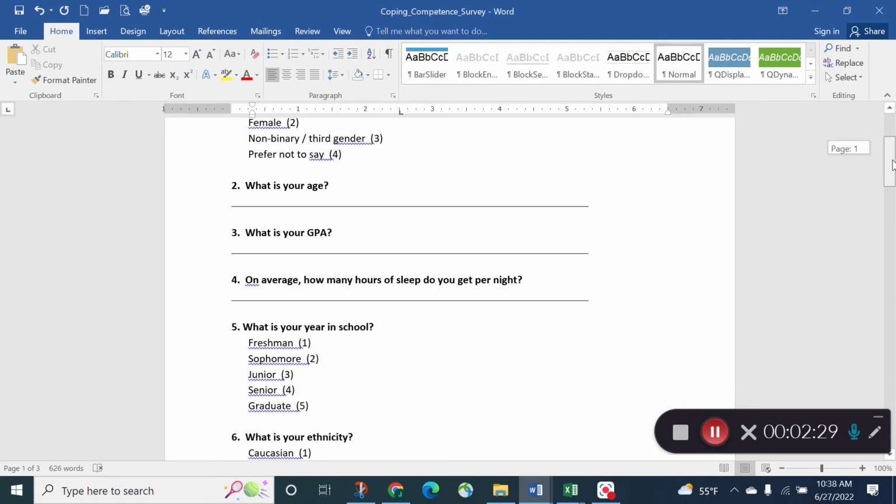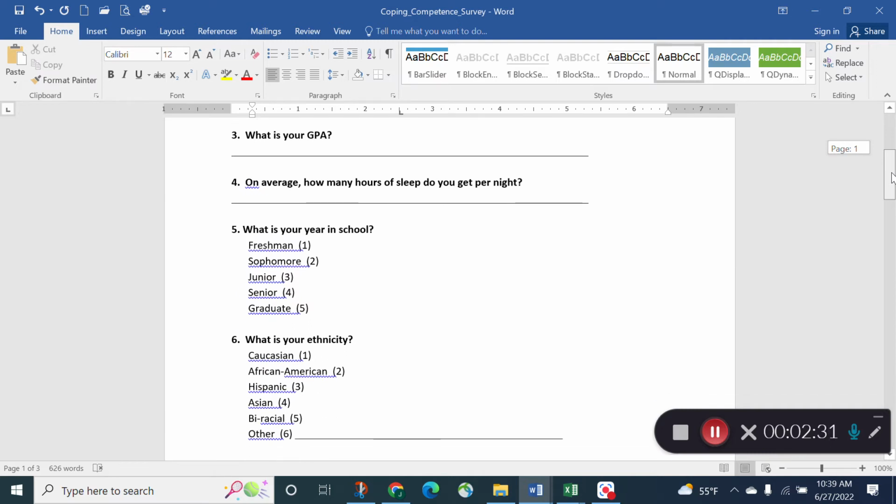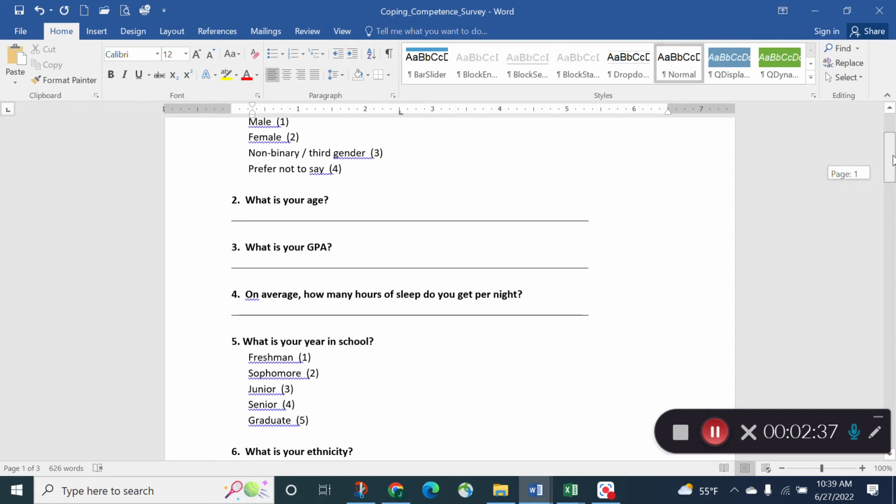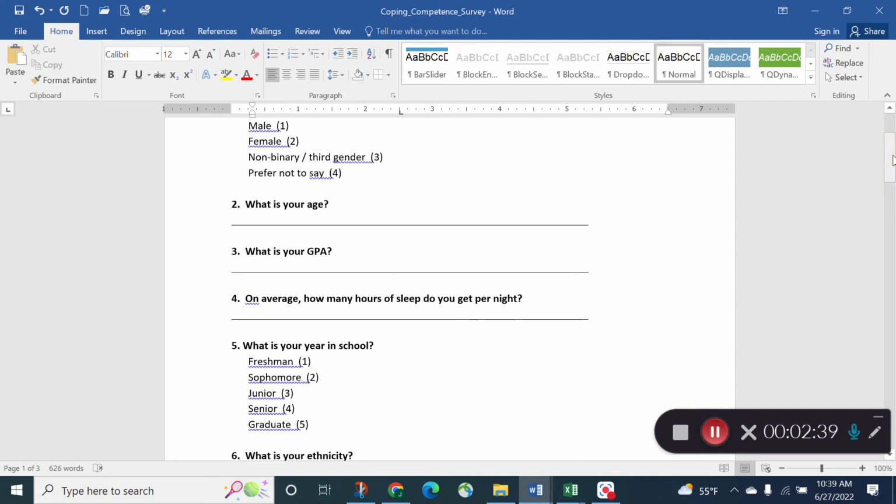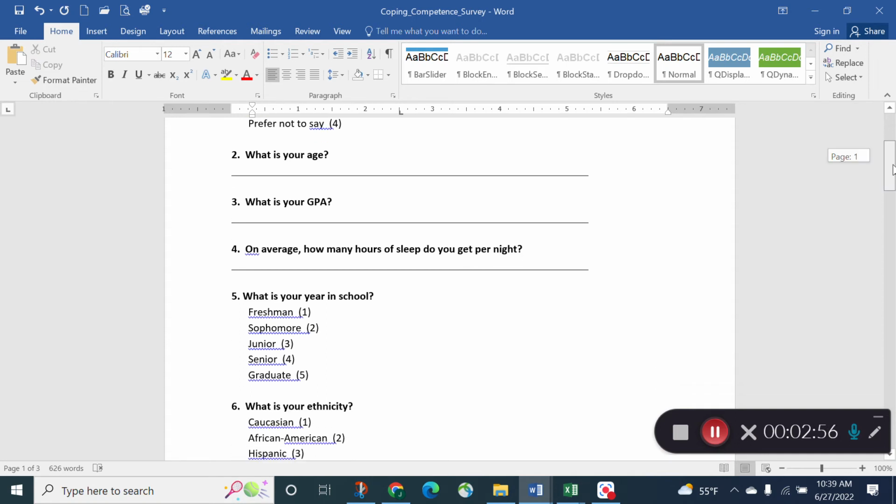So gender, year in school, and ethnicity are considered qualitative because they describe the individual. And then questions 2, 3, and 4 are considered quantitative because the answers that the participant would give is an age in numbers, GPA in numbers, a number of hours of sleep per night. So we'll talk about those when we get to the instructions about what you're going to do for this project.